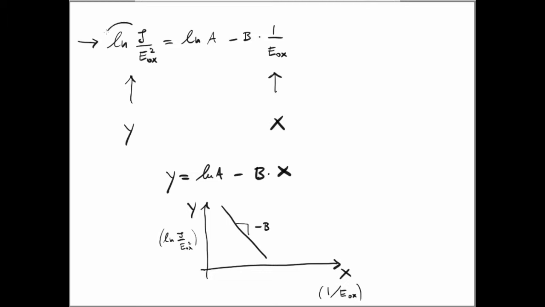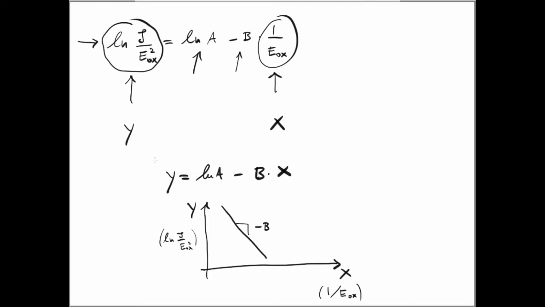So if we call this quantity our ordinate y, and this quantity our abscissa x, we can clearly see that there is a linear relationship between these two quantities. ln A is the intercept of this straight line, and minus b is the slope.